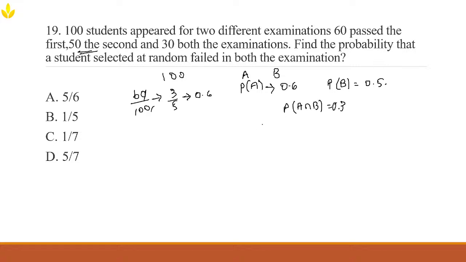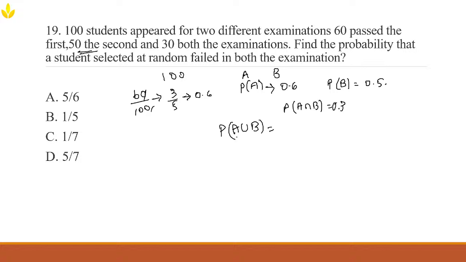So what we have to do is get the probability of a student selected at random failing in both the examinations. First, let us find out the probability that a student passed in at least one exam.